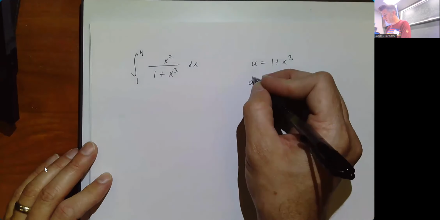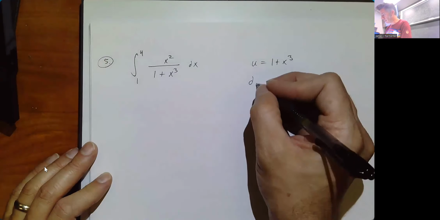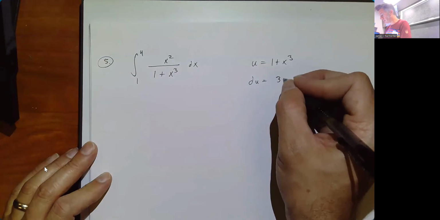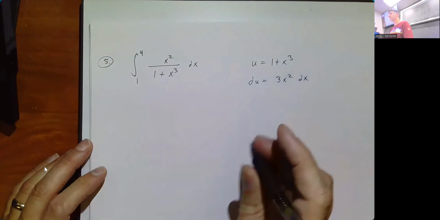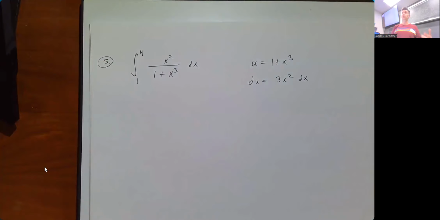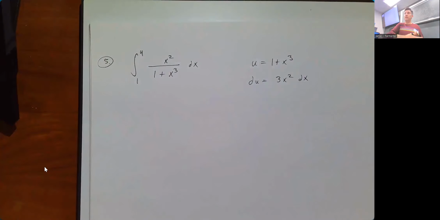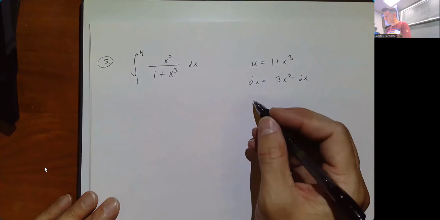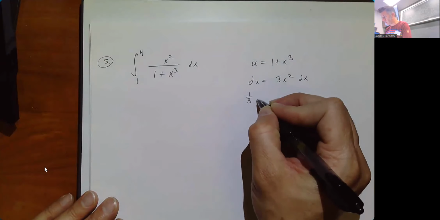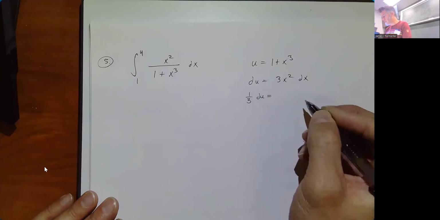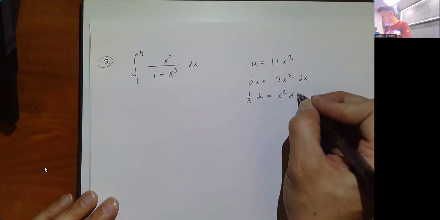Our du is going to be 3x squared dx. Most of the time when people do a u-substitution, they don't write du/dx equals the derivative. They go straight to writing du equals the derivative times dx. Then I'm going to adjust by multiplying both sides by 1/3, so 1/3 du equals x squared dx.